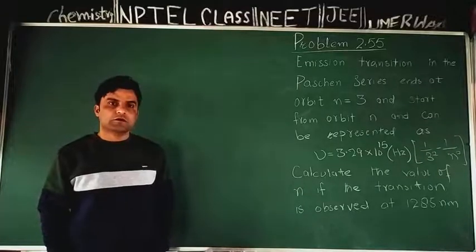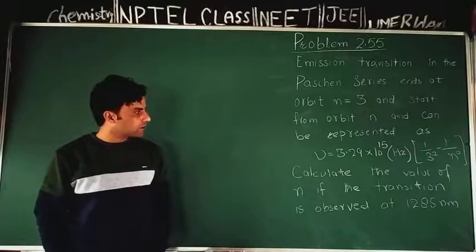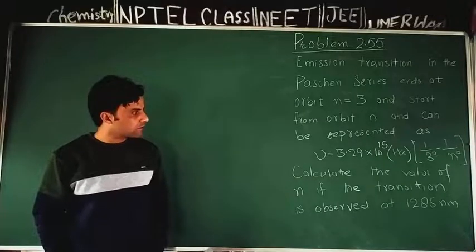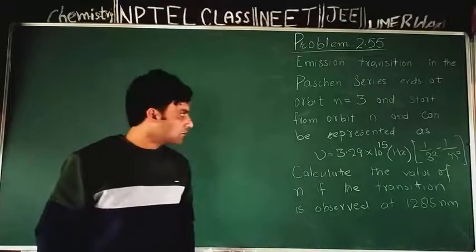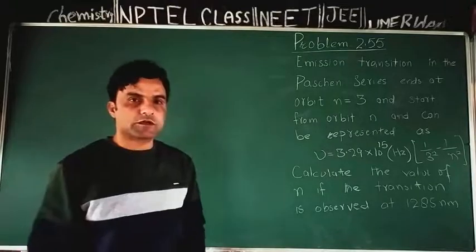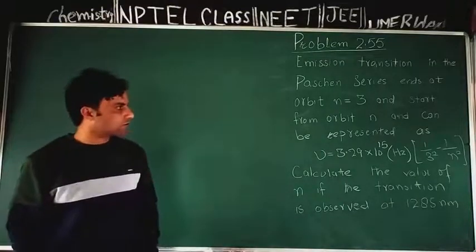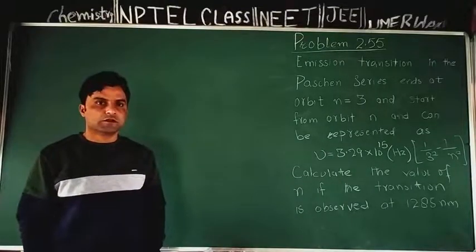The transition is represented like this: frequency of transition is equal to 3.29 into 10 to the power 15 (1 by 3 square minus 1 by n square) in hertz.